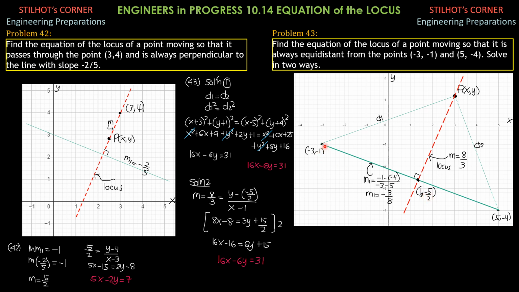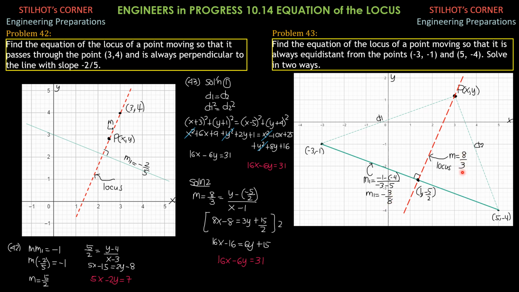The slope of this line is negative 1 minus negative 4, so that's positive 3, over negative 3 minus 5, that's negative 8. So positive 3 over negative 8 is negative 3/8. Therefore, the slope of this line is the negative reciprocal, perpendicular to this given line segment here, negative reciprocal of negative 3/8, so positive 8/3.